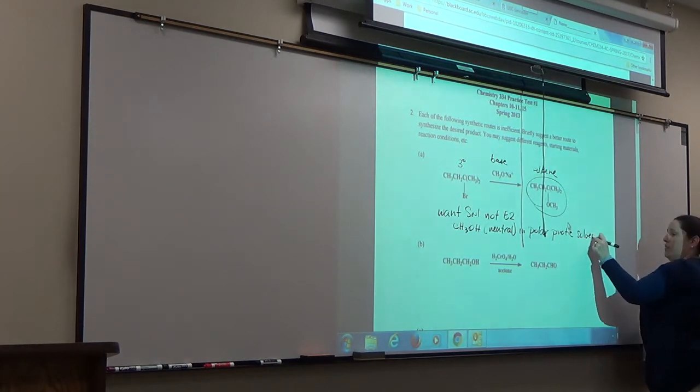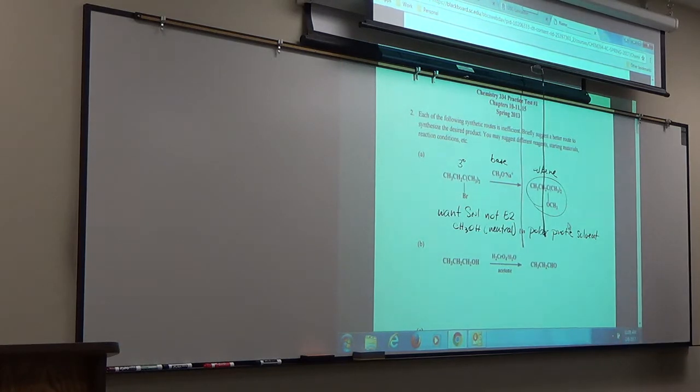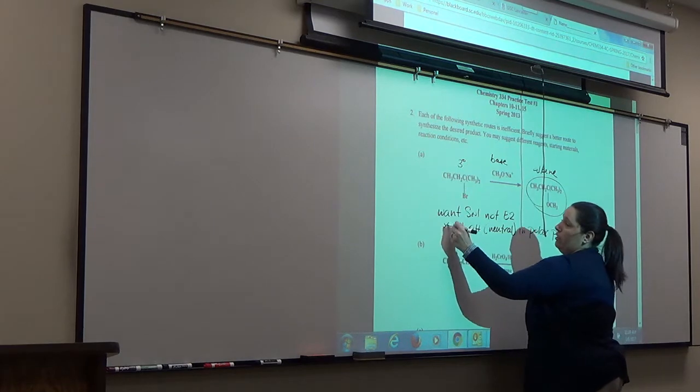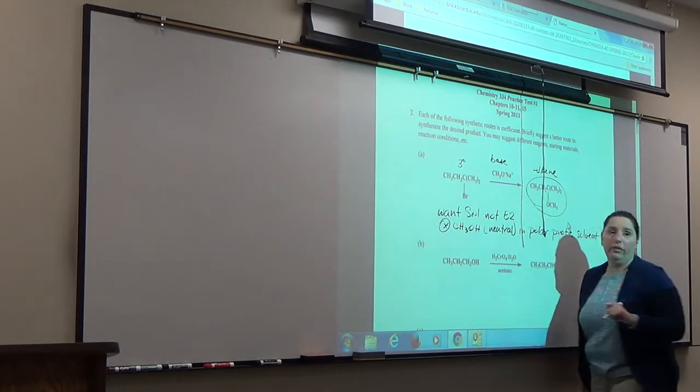And you don't have to specify one specifically, right? And actually, the alcohol, methanol, is a polar protic solvent if you think about it, right? It's polar and it has a hydrogen, so does that make sense? But this is what you would need for it to go SN1. Does that make sense?